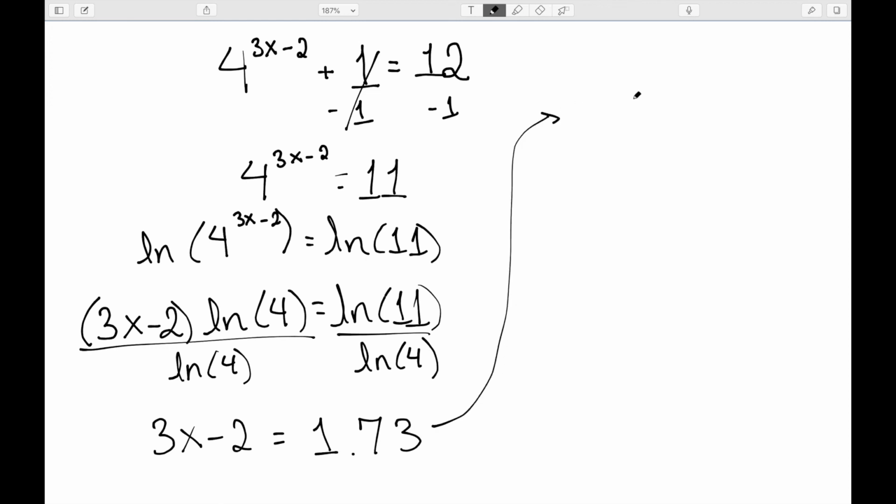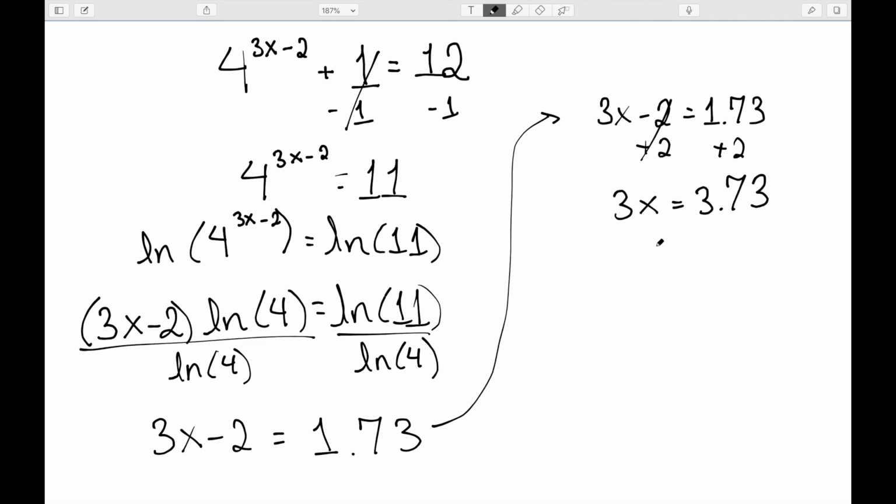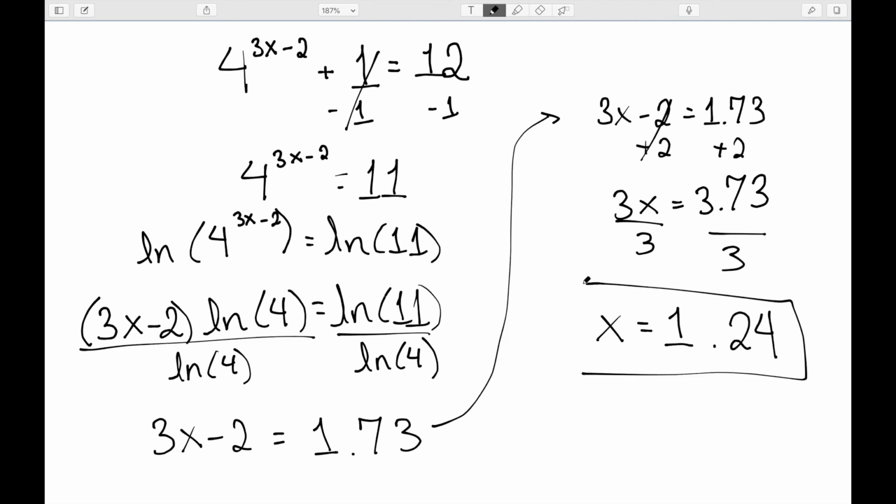So I'm going to go ahead and move this up here to give me a little more room. We can then add 2 to both sides. That gives me 3x equal to 3.73. And then divide both sides by 3. When we do, we get approximately 1.24. So this would be the solution to this equation.